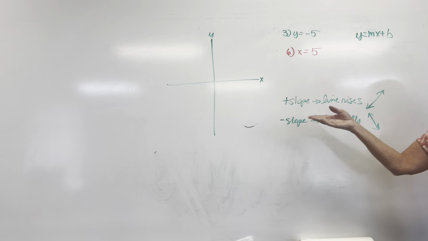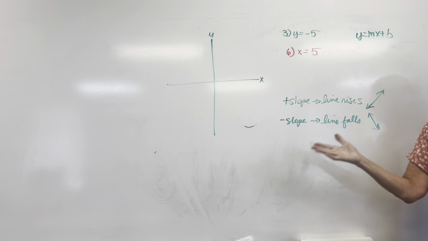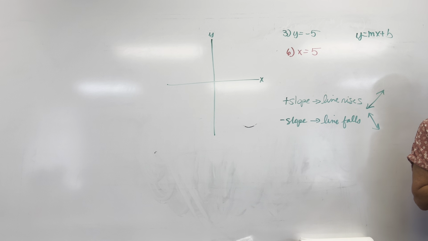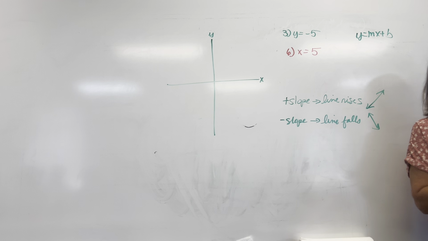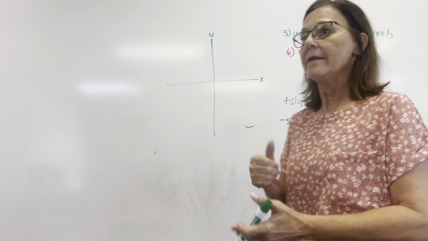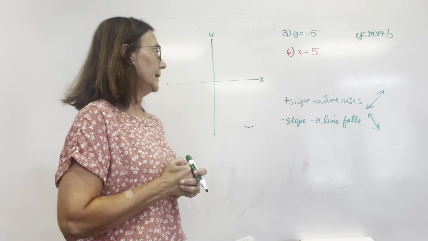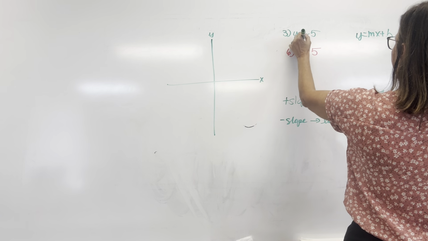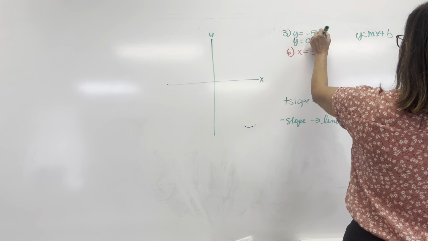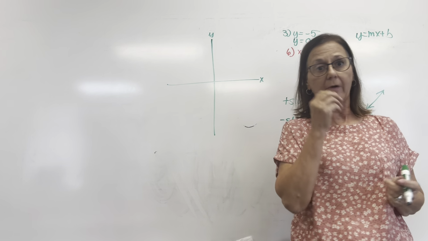So how can I tell positive slope, negative slope? Well, both of these are neither positive nor negative. I could rewrite number 3 as y equals 0x minus 5.